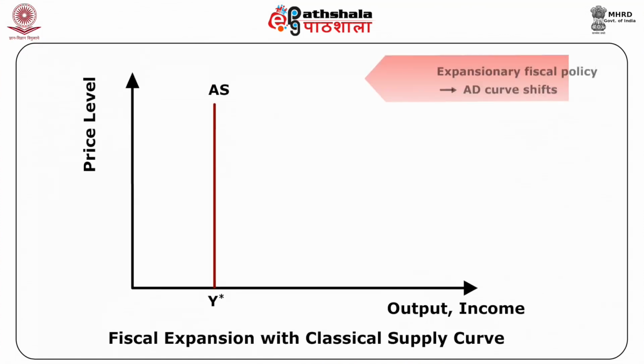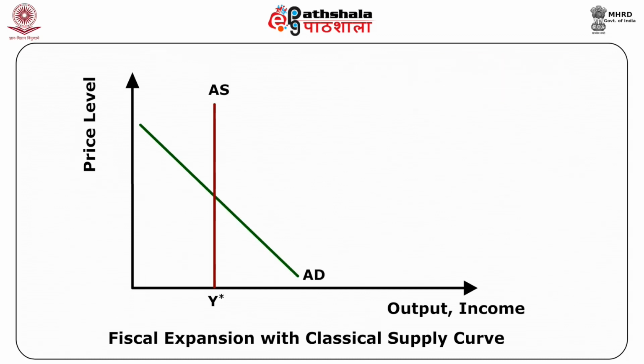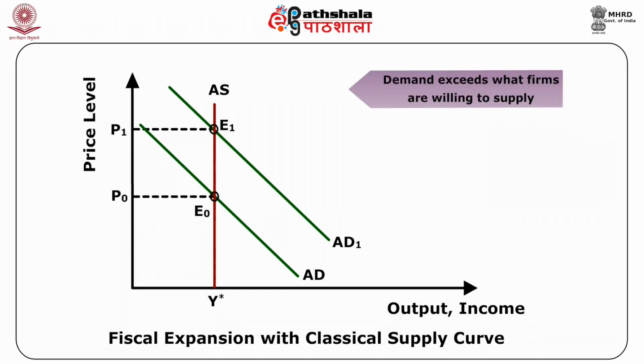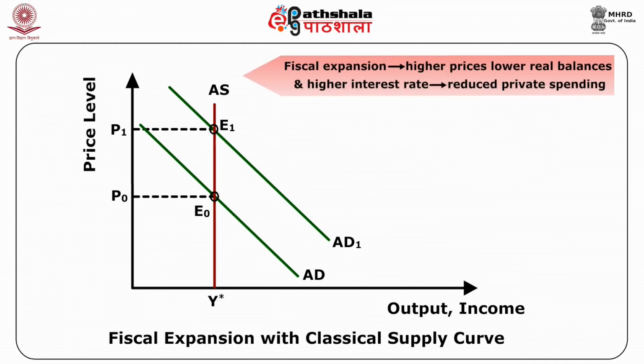As a result of expansionary fiscal policy, the AD curve shifts to the right from AD to AD1. At the initial price P0, the demand exceeds what the firms are willing to supply. This causes an upward movement of prices until AD and AS again equate at point E1. As prices rise, the real income with people falls. This implies that the fiscal expansion leads to higher prices, lower real balances, and a higher interest rate, and hence reduced private spending.